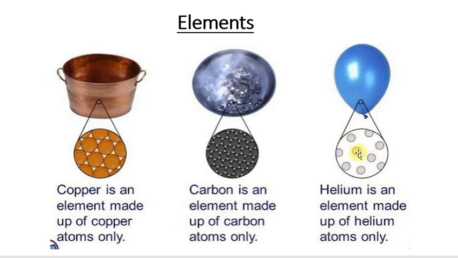This atom is similar to that atom, so all have the same type of atoms, but they are different from the other elements. So there are three different elements. The atoms of the same element are the same, they look the same, but they are different from the other elements.